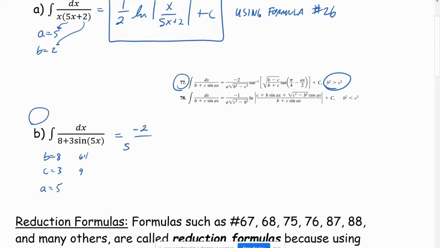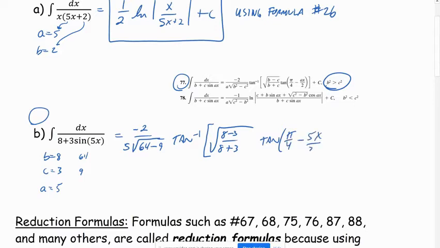So negative 2 over 5 square root of 64 minus 9, inverse tangent of square root of 8 minus 3 over 8 plus 3, tangent of pi over 4 minus 5x over 2, plus.